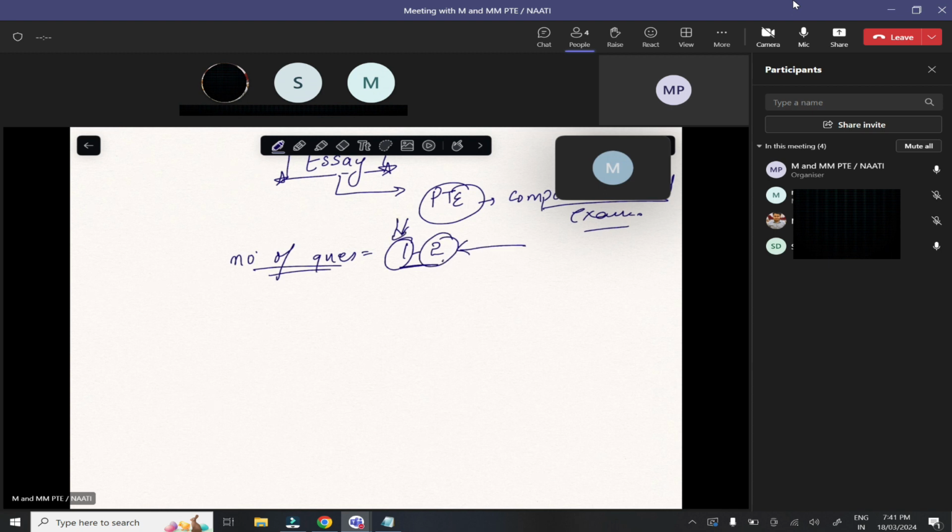So it's very rare, especially after the changes when they reduced the exam duration from 3 hours to 2 hours. But we should go into the exam with the mindset and preparation that even if we get two essays, we are well prepared for that.